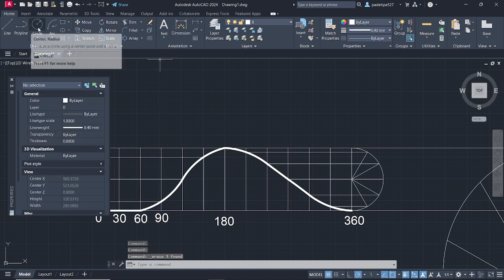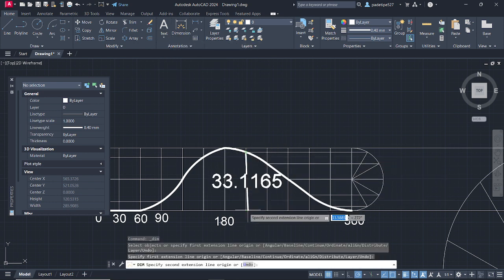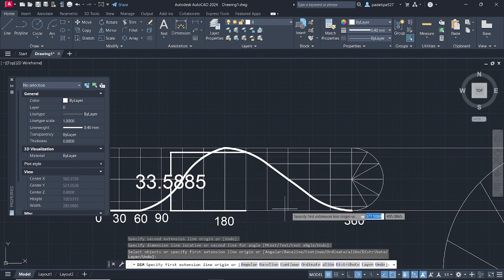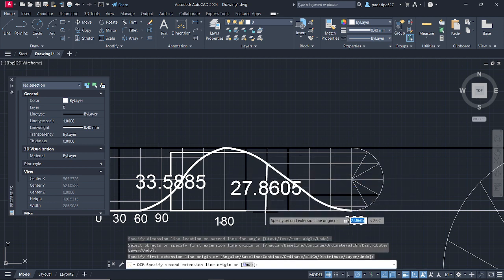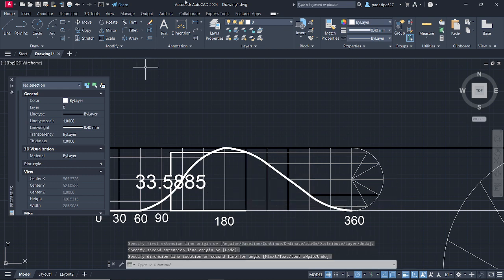Next one will be, that's this for this line. Then we'll do for this line.